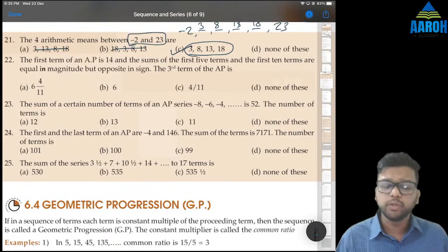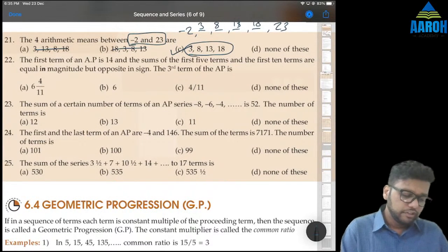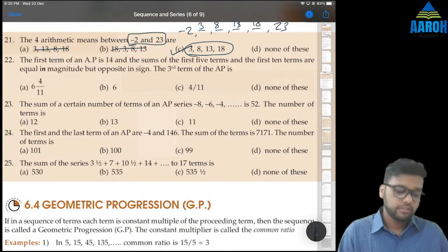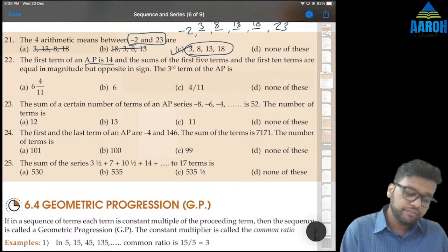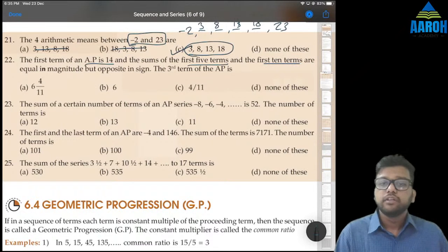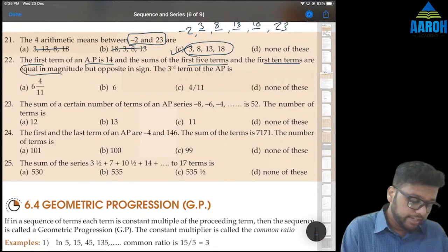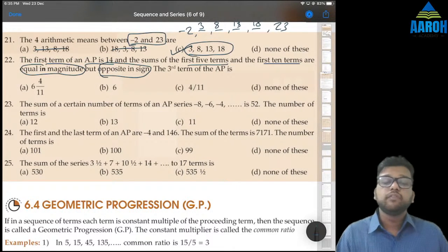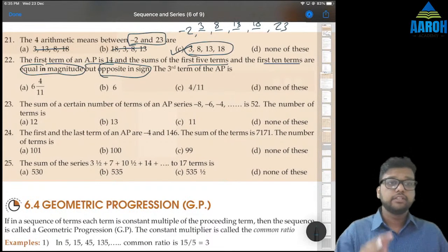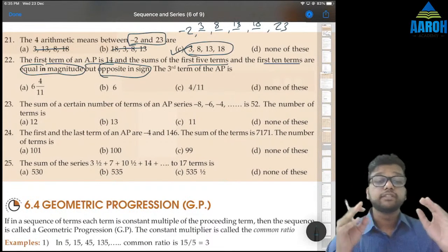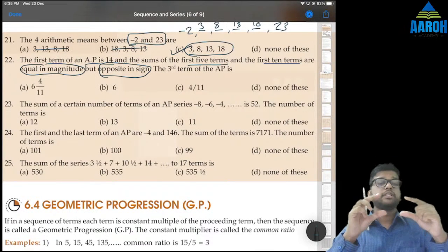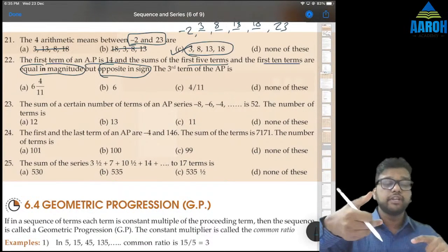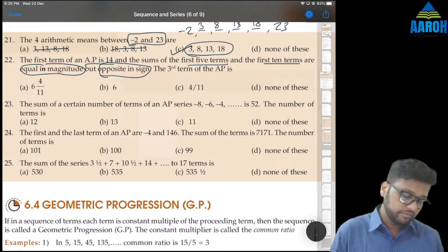Okay, let's check 22. First term of an AP is 14, and sums of first 5 terms and first 10 terms are equal in magnitude but opposite in sign. Equal in magnitude but opposite in sign means they are the same in size, but sign-wise they are opposite. That means if one is negative, one is positive.